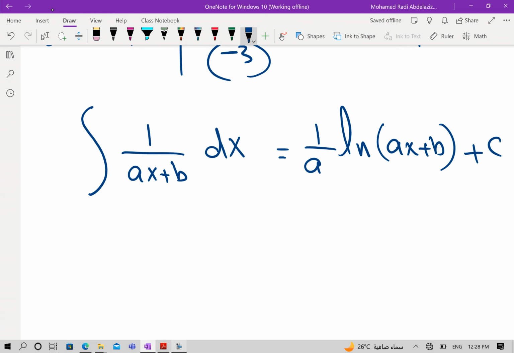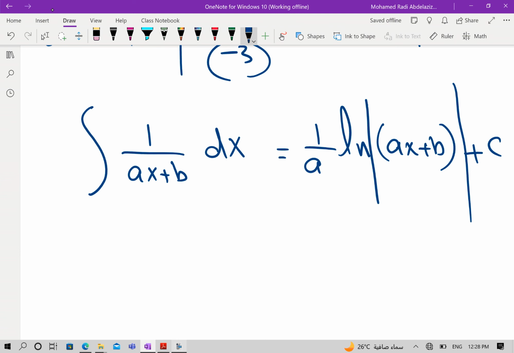When I give you an integral with limits, and you start to substitute the values inside ln, there is no negative number. There is no negative number. This is why, in general, I will write a modulus sign. You have to write it in case you have a limit. But if we have an expression, you can write ax plus b, it's okay.